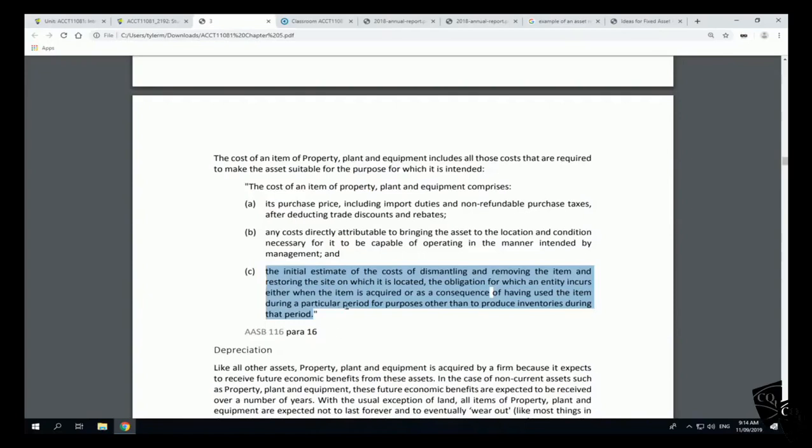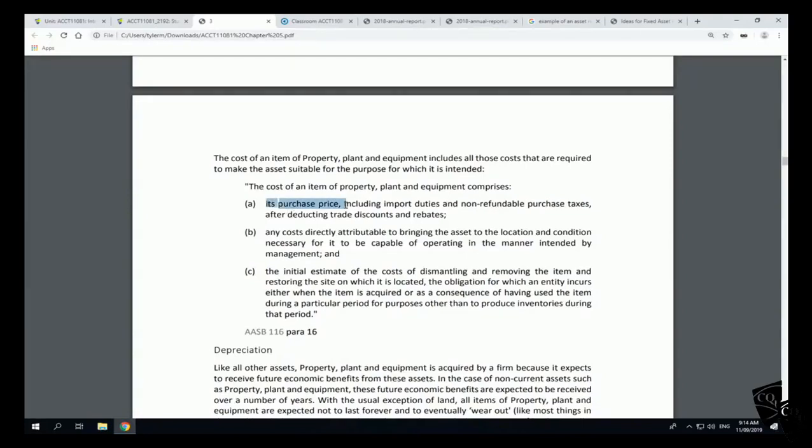So the cost of dismantling, removing and restoring the site to an original condition can often be overlooked, and it can actually amount to quite a large amount of money when you think about things such as mining, where they have substantial amounts to restore after the asset is used on a particular site. So I just wanted to point that out. It's not just the purchase price.